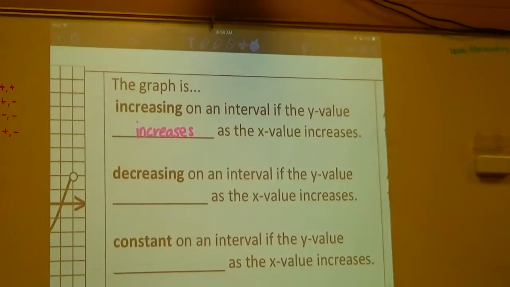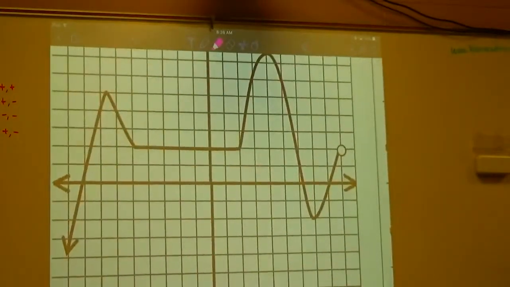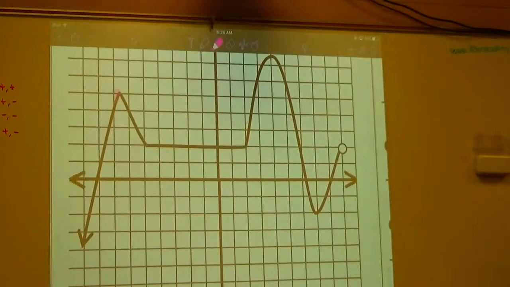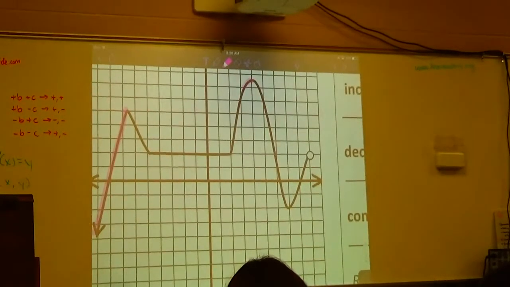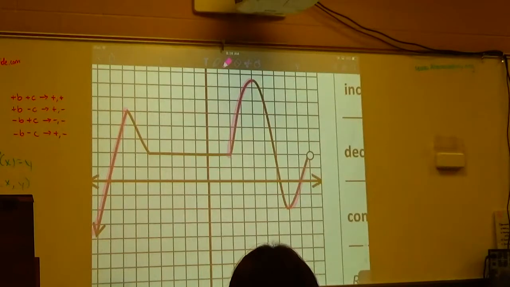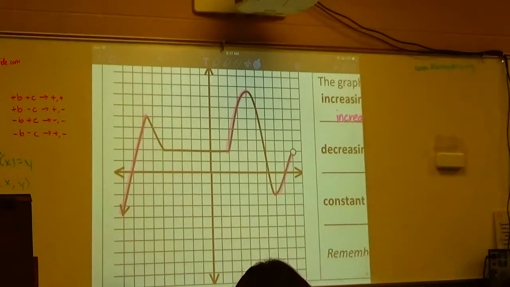On this graph to the left, let's see where it's increasing. It's increasing here, here, and there. It's just wherever the graph is going up.